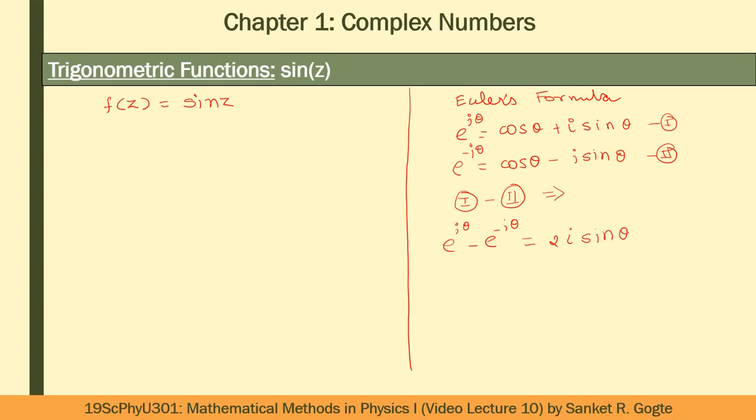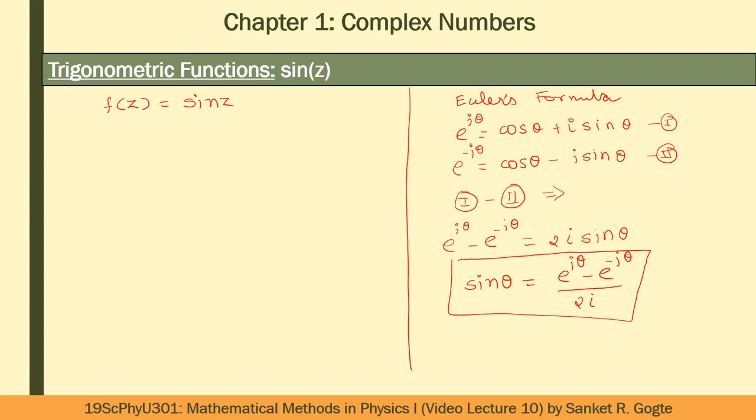And now this equation can be rearranged to write sine theta as e to the power i theta minus e to the power minus i theta divided by 2i. So this is how we can write sine theta by using the exponential functions, and by using Euler's formula we can arrive at this equation.